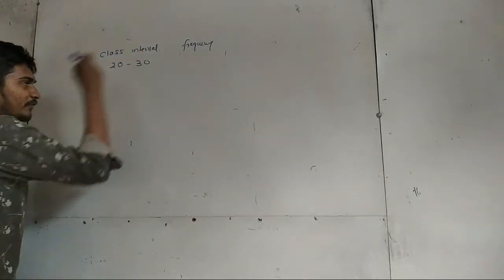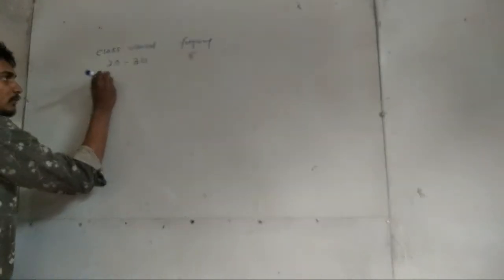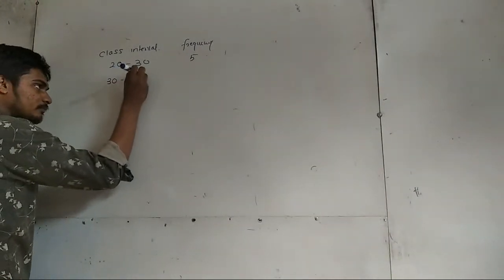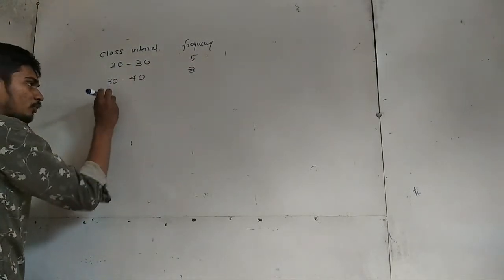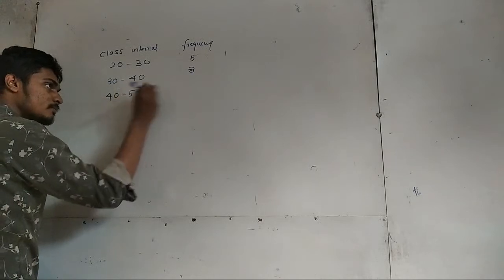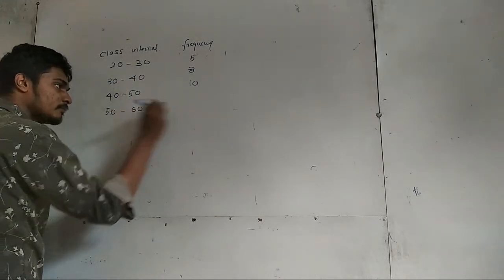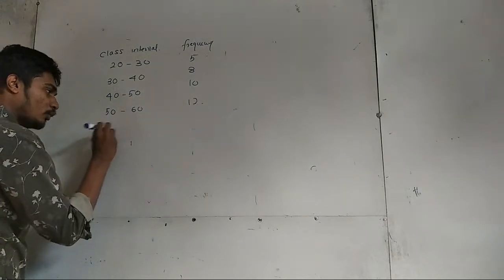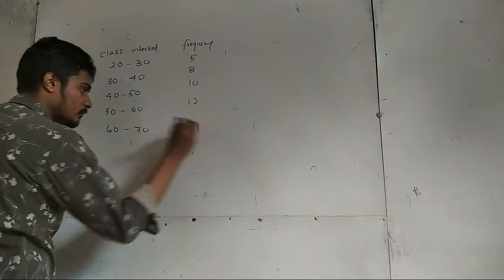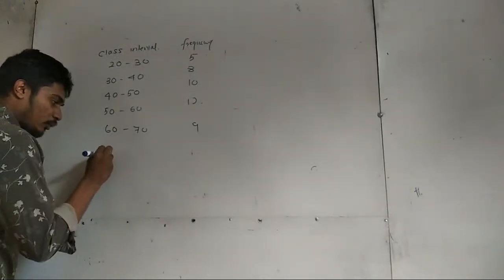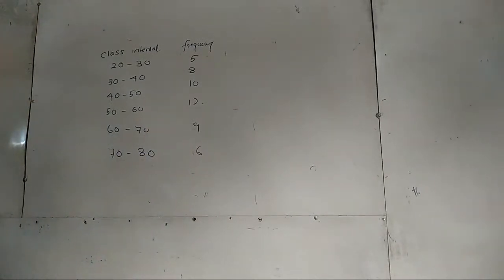What's the frequency? 5. 30 to 40, frequency 8. 40 to 50, frequency 10. 50 to 60, frequency 12. 60 to 70, frequency 9. 70 to 80, frequency 6. Is that all? Yes, good.